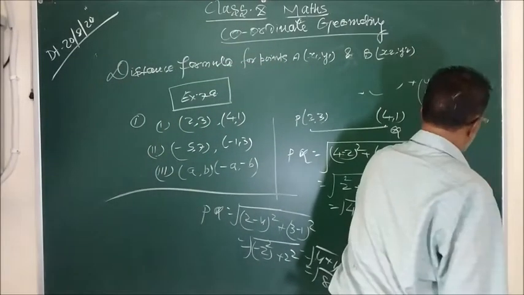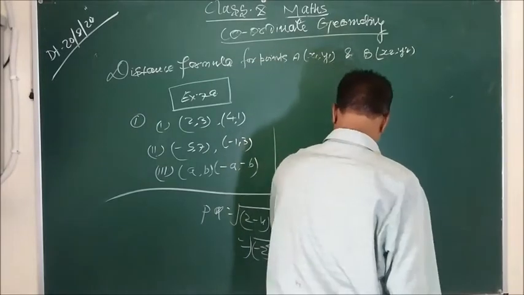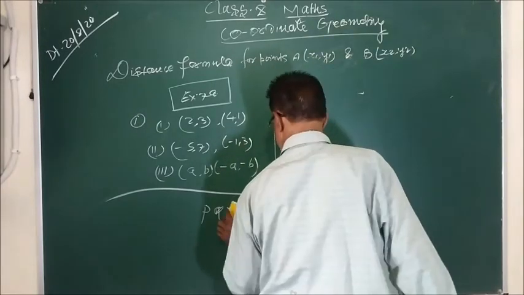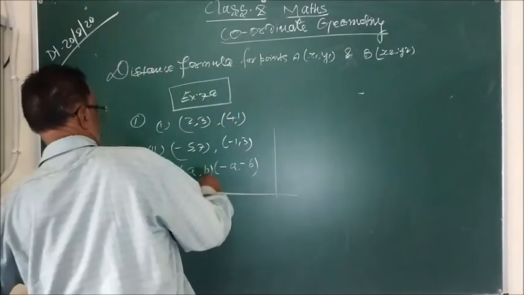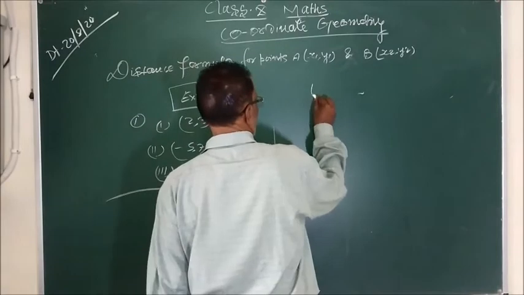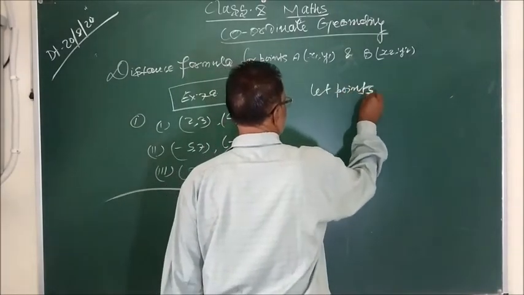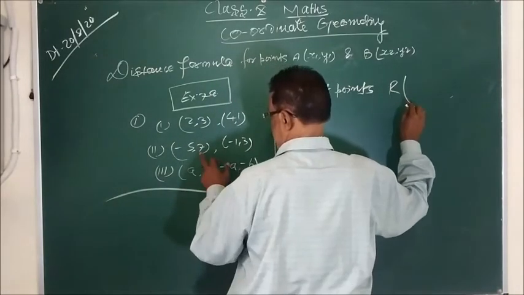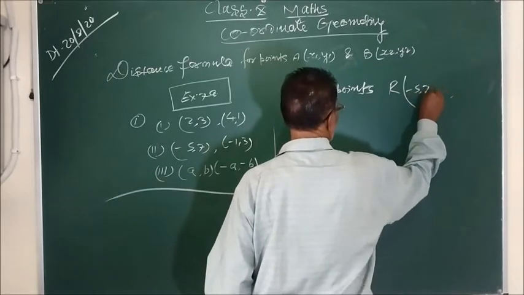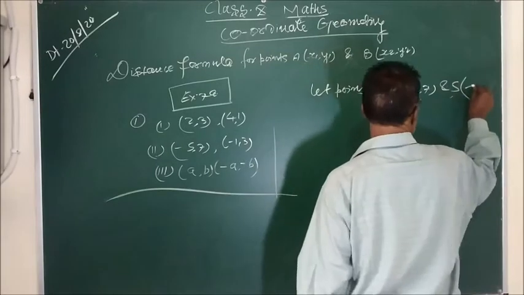Now you see question number 2. Only the simplification may be difficult, but the method is same. Now suppose the points, since no names are given, you can suppose anything. Let the points be R, with coordinates -5, 7, and S, another point, with coordinates -1, 3.